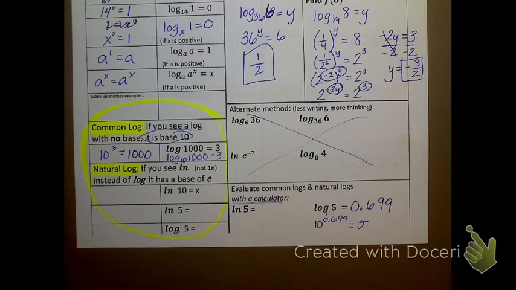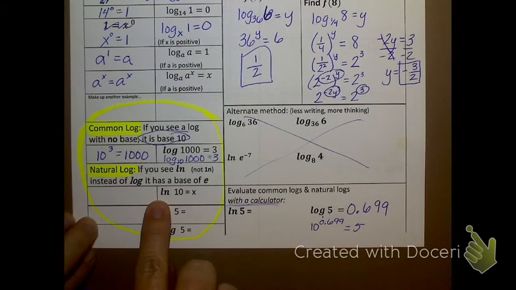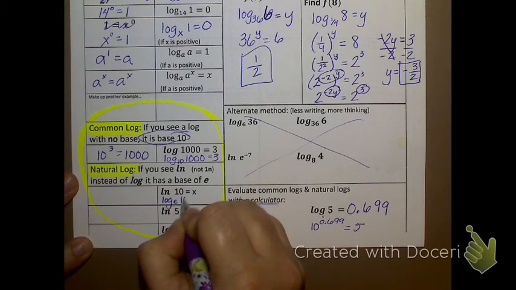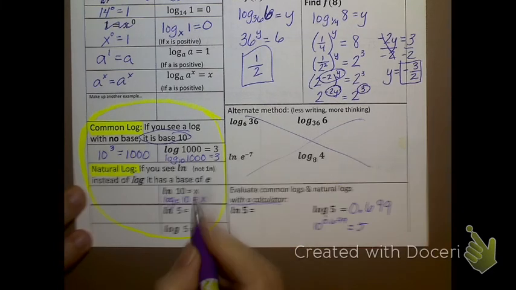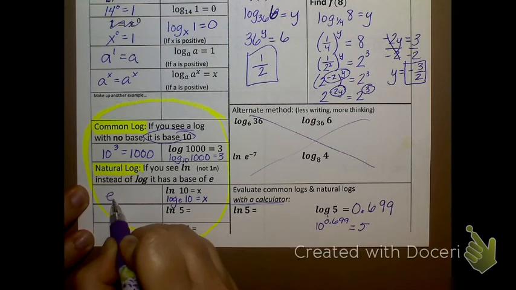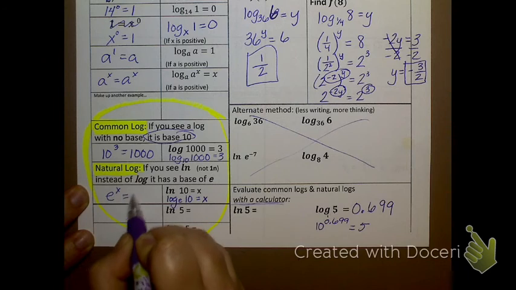It is a log. It would be written like this, but what it means is that it has a base of e. So when I see ln of 10, I really should be thinking log base e of 10 equals x. What would that look like in exponential form? E to the x equals 10.